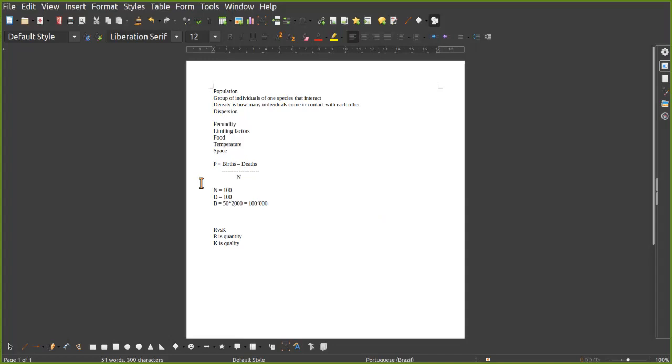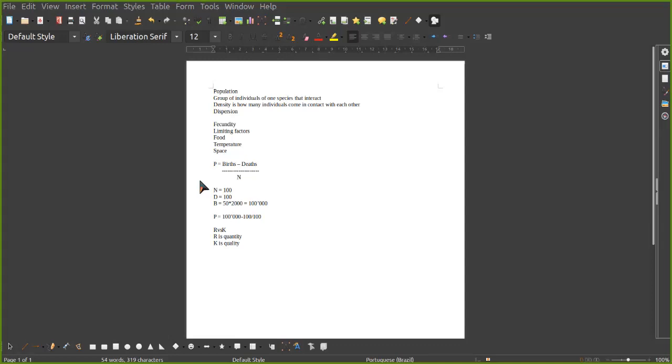So then P is going to be equal to births, which is 100,000, minus deaths, which is 100, divided by 100, right?